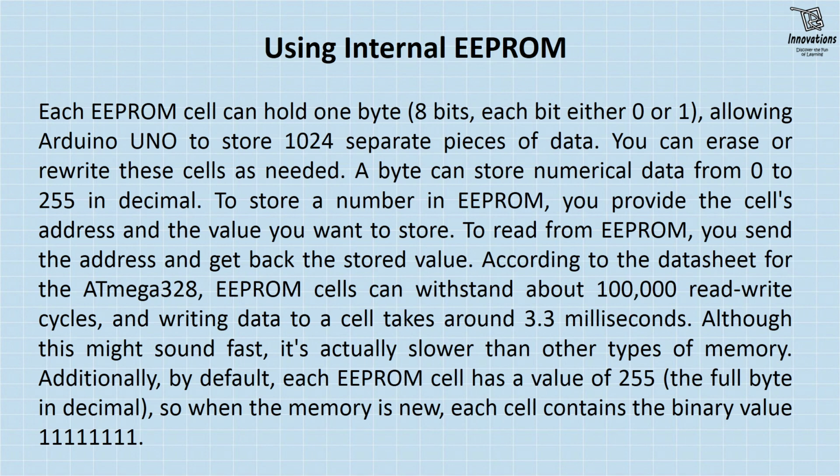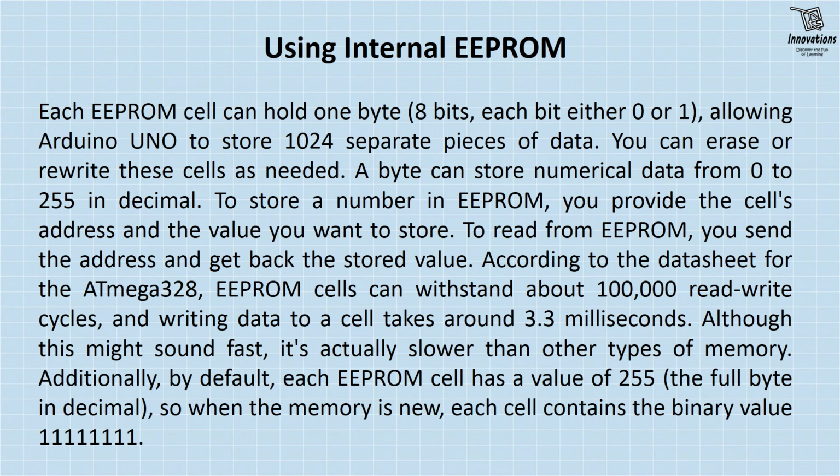You can erase or rewrite these cells as needed. A byte can store numerical data from 0 to 255 in decimal. To store a number in EEPROM, you provide the cell's address and the value you want to store. To read from the EEPROM, you send the address and get back the stored value.